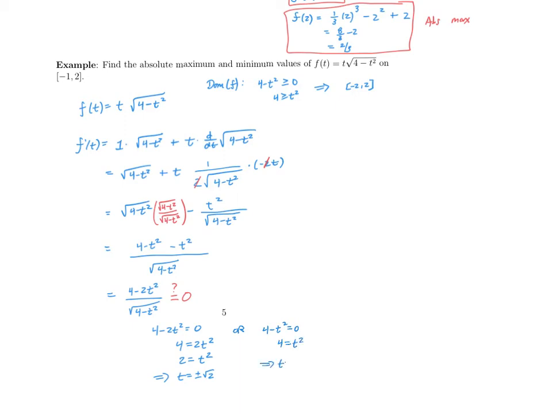So that would give us t equals plus or minus 2. And note, the function itself is defined at plus or minus 2. The derivative is not. So we really do have, in this case, 4 separate critical points that we need to be concerned with.